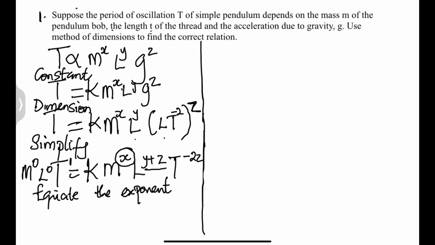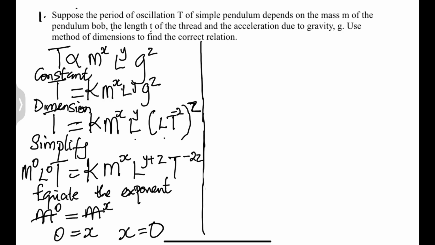So we have m raised to power 0 is equal to m raised to power x. The laws of indices will tell you that the bases will cancel. You have 0 is equal to x, so x is equal to 0, guys. So that's that for x.